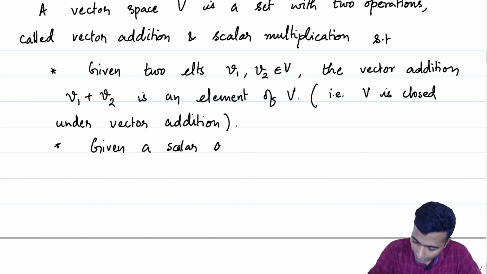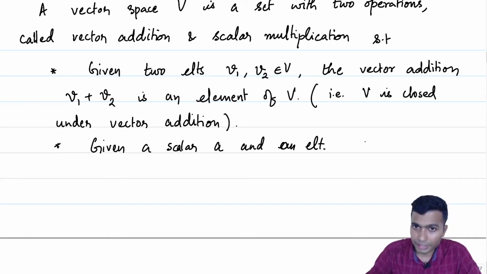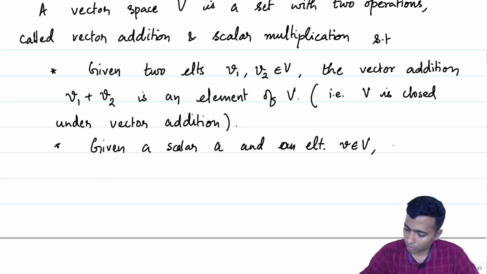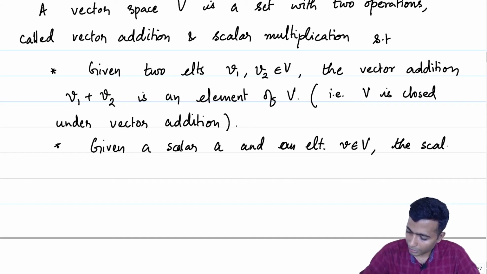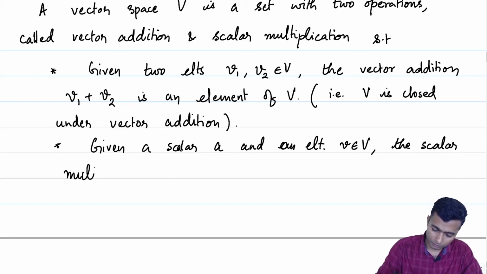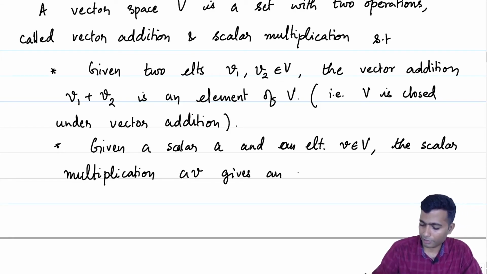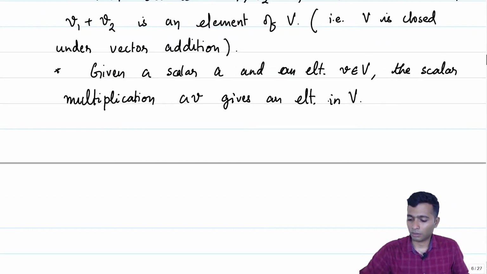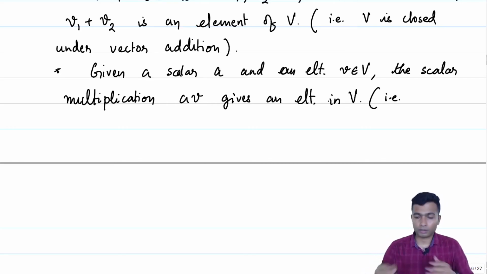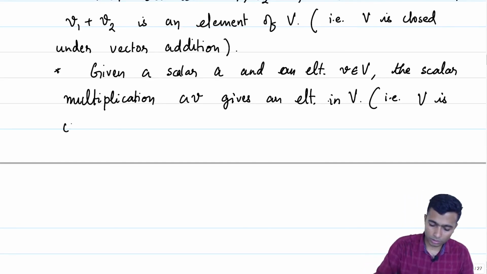So, given a scalar A and an element V in capital V, the scalar multiplication AV gives an element in V. In other words, V is closed under scalar multiplication.